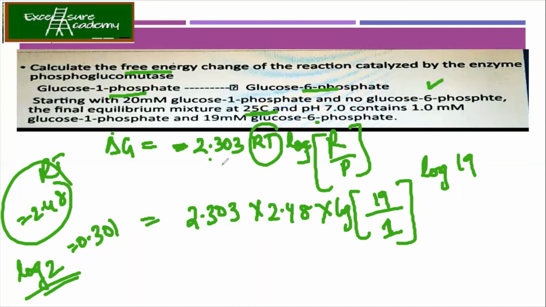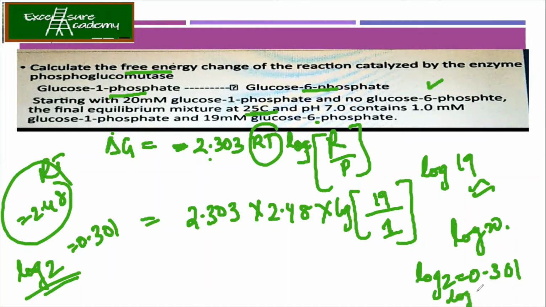Log 19 is near about log 20. It is approximately near to log 20. Right? So I know that log 2 is 0.301. So how much will be log 20?